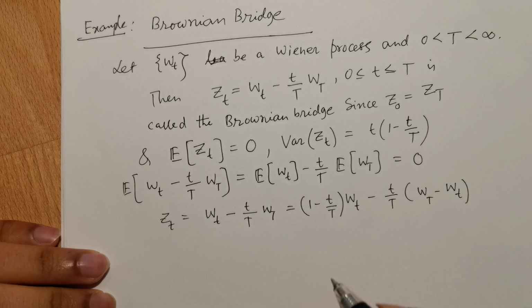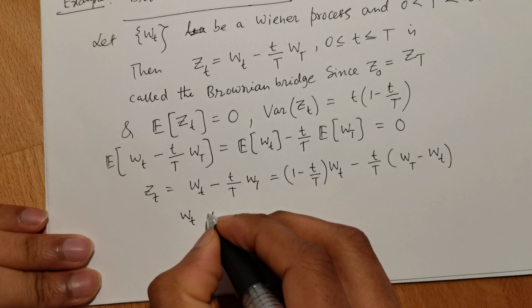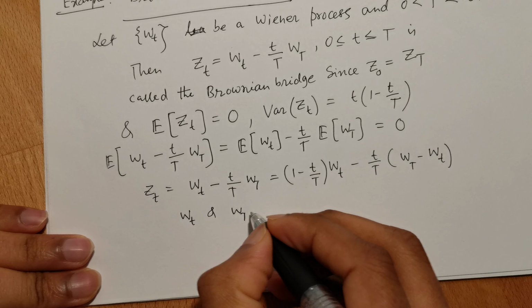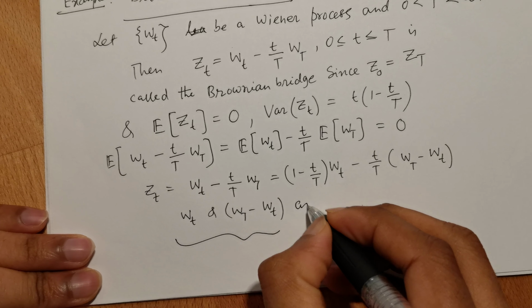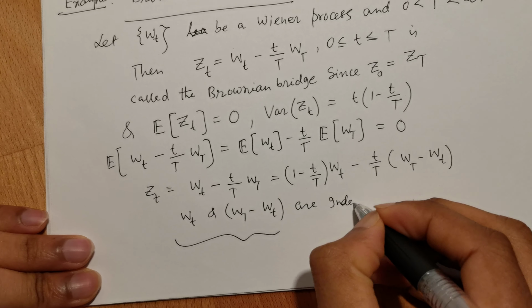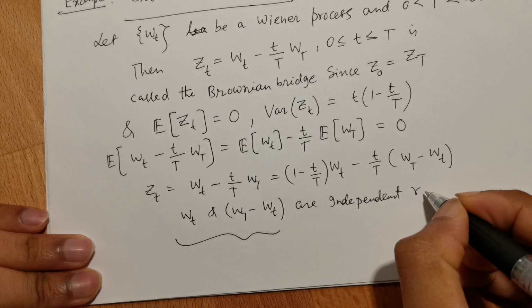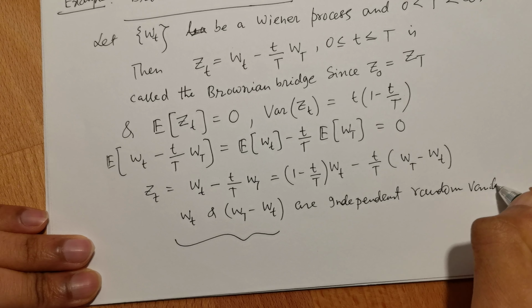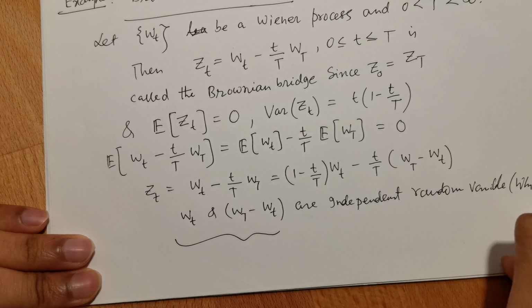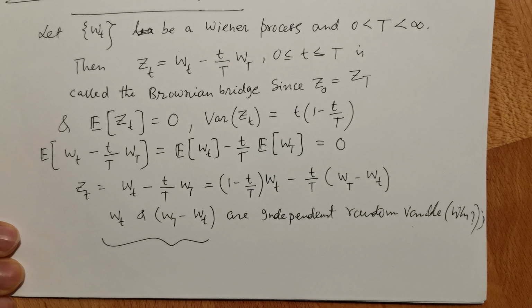Now we know from the definition of the Wiener process that Wt and W capital T minus Wt, these two are independent random variables. Why? This is from the process definition of the Wiener process, right?